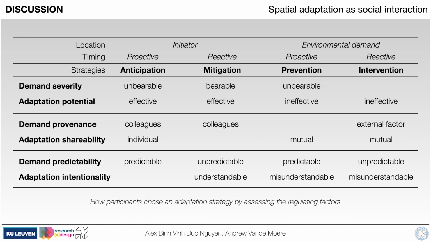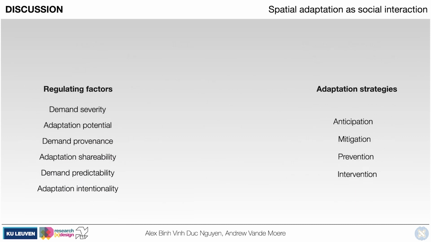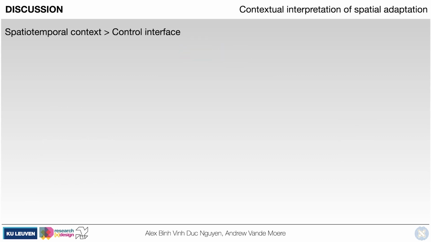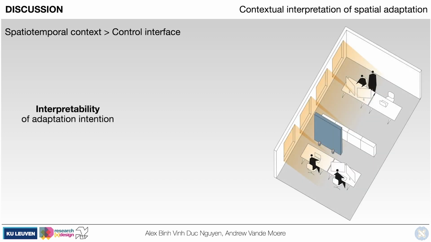To this end, we thus propose that the relationship between the 4 adaptation strategies and the 6 regulating factors can serve as a general guideline that informs how future autonomous adaptation systems could select the most appropriate adaptation strategy in a given situation for co-located occupants. On the other hand, our findings emphasize that participants primarily interpreted the intentions behind an adaptation based on its spatiotemporal context, rather than the more explicit communication methods like the control interface or conversations.